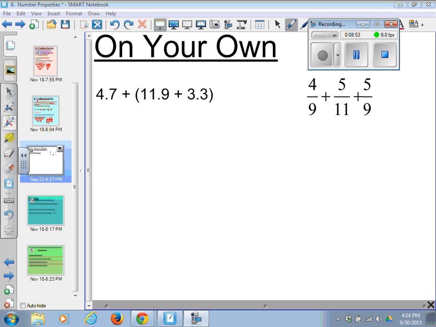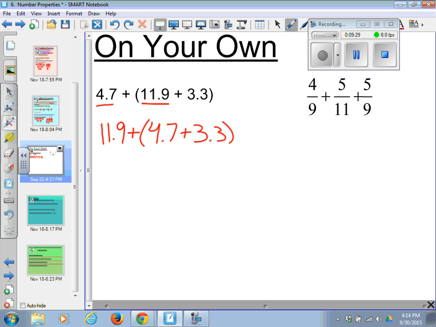We have 4.7 plus 11.9 plus 3.3. Well, if we use our commutative rule and our associative property, we can go ahead and take our 11.9 and switch that with our 4.7. So we'd have 11.9 plus 4.7 plus 3.3.